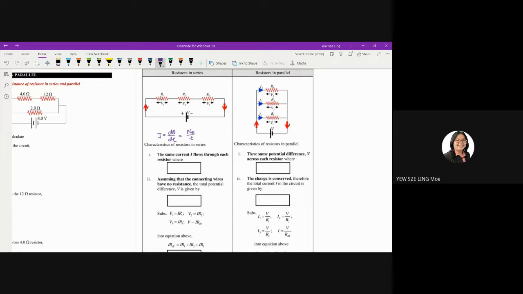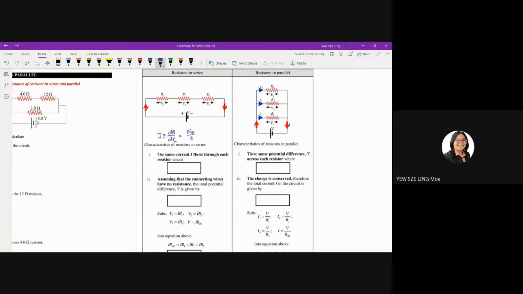For example, one charge passes through R1, one passes through R2, one passes through R3, and they are all moving with the same speed, then I will be kept constant.